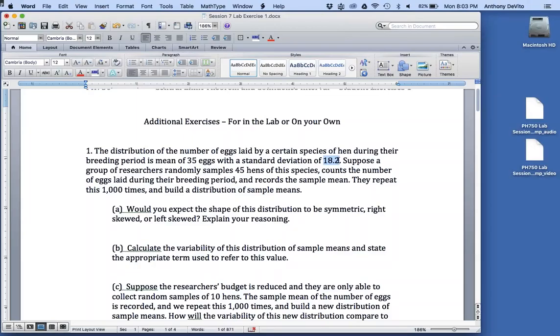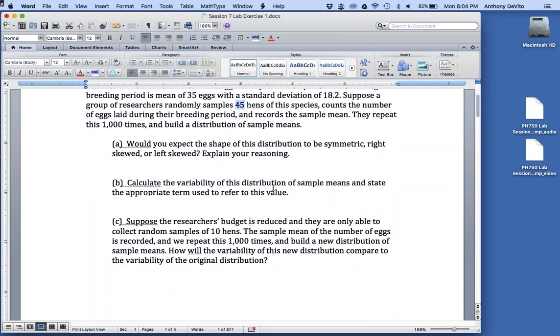So our standard deviation for all of the repeated samples is first of all going to be called what? Our standard error, right? And what is that standard error going to be equal to? 18.2 divided by the square root of 45. Solid number. I'm not going to bother to calculate that right now.